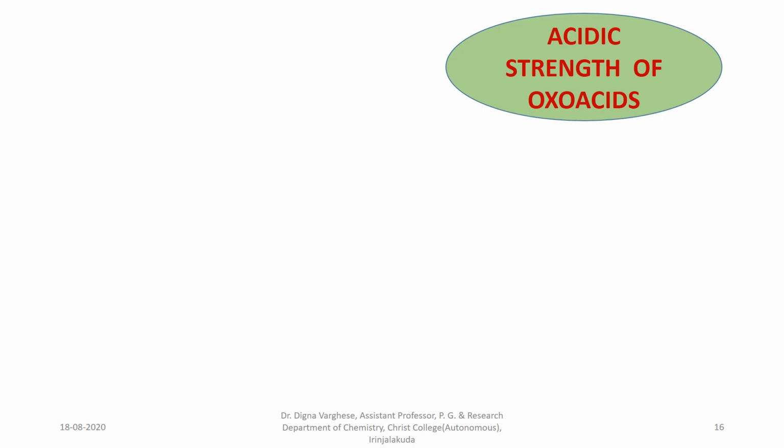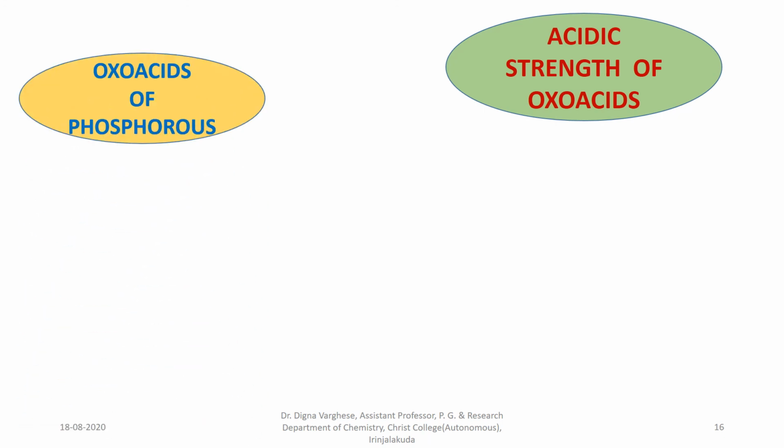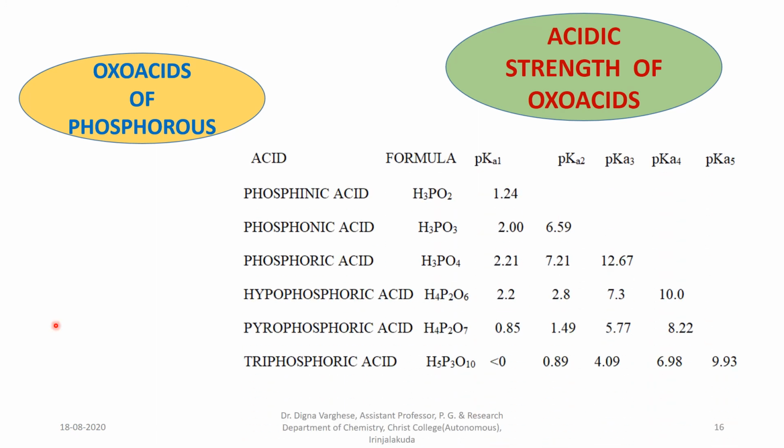Acidic strength of oxoacids: here we are discussing oxoacids of phosphorus. Phosphinic acid, with molecular formula H3PO2, is a monobasic acid with a pKa value of 1.24. Phosphonic acid, molecular formula H3PO3, is a dibasic acid, with pKa values of 2 and 6.59.